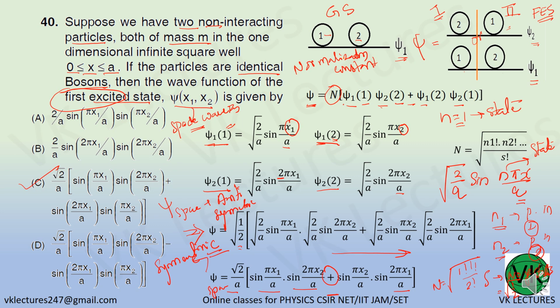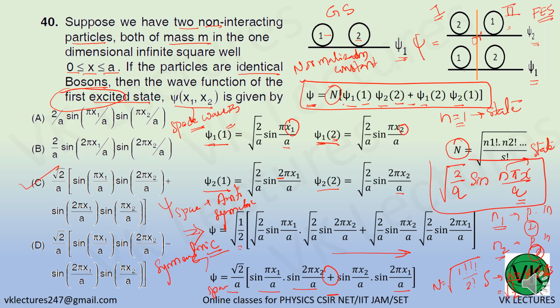Okay. Alright, so that's about this question. So please remember these things: what is the total wave function psi, how you calculate N, the normalization constant, as well as the wave function of a one-dimensional box.